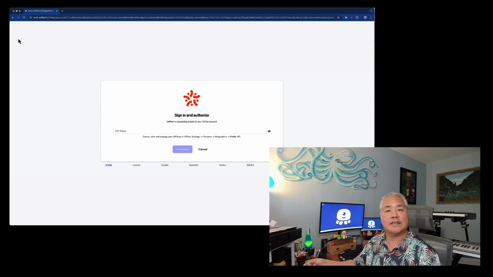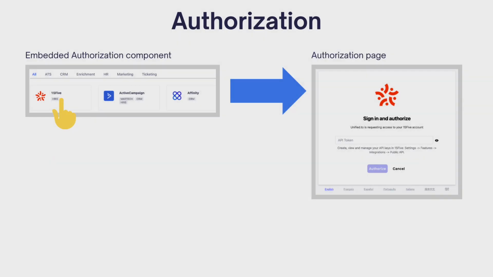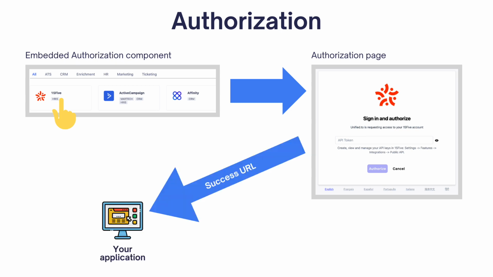Usually it's an API key or a username or password, or in the case of an application like Google, they would select the Google identity that they want to use. If the end user enters the right credentials, then they're returned to your application via the success URL.